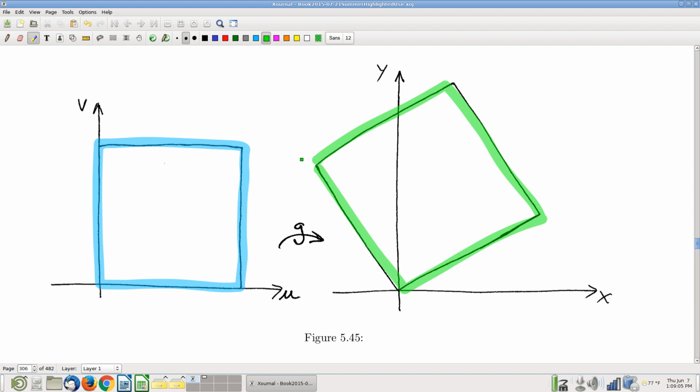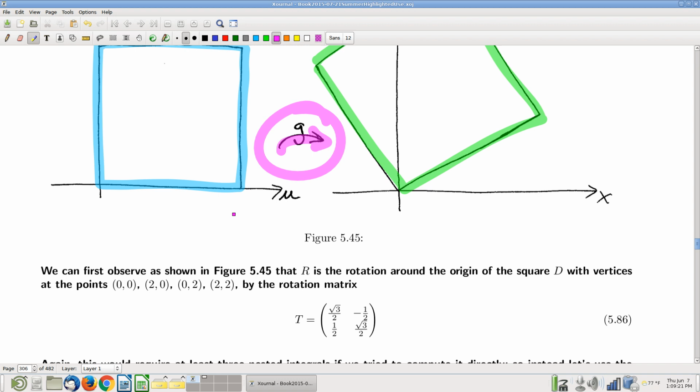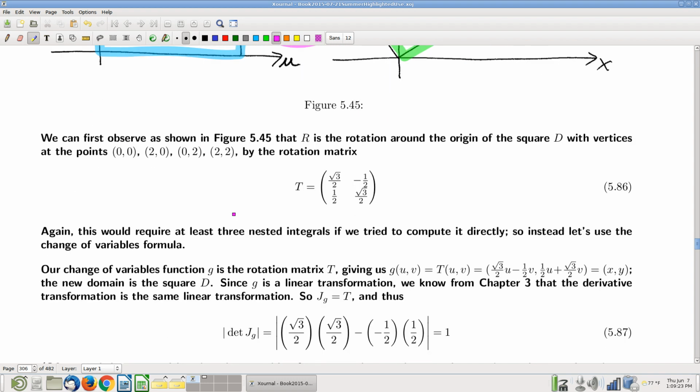So this change of variables function that would turn the desirable blue square into the undesirable green square is just a rotation. And y'all might recall from section 3.1, we've already seen formulas for how to write down rotations. Just as a flashback to section 3.1, this is the corresponding rotation matrix.